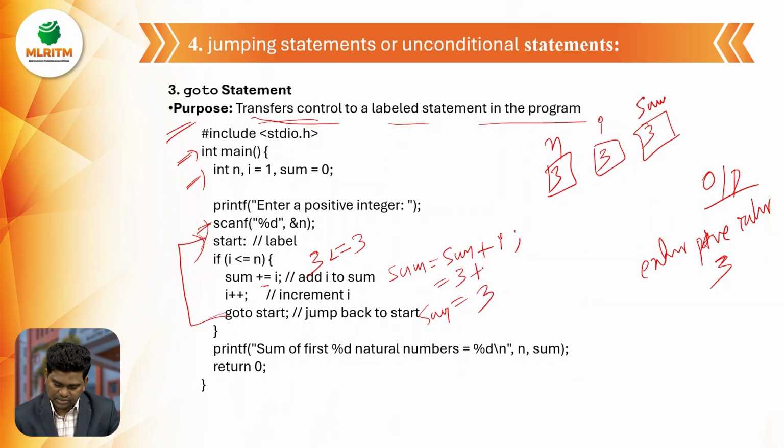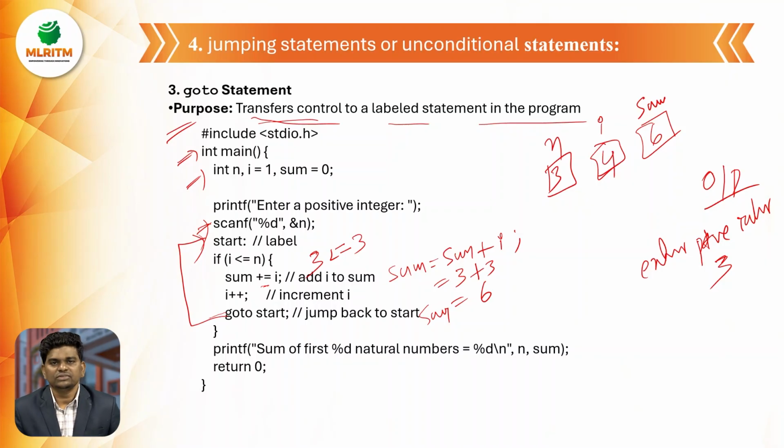So 3 plus 3, that is 6. Then sum is updated with 6. After calculating sum, the next statement is i plus plus. i plus plus means the i value is updated to 4. Then we have goto start.